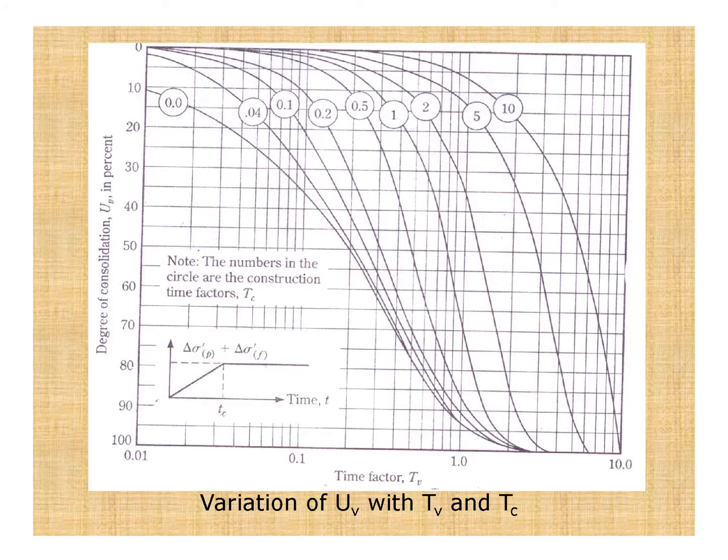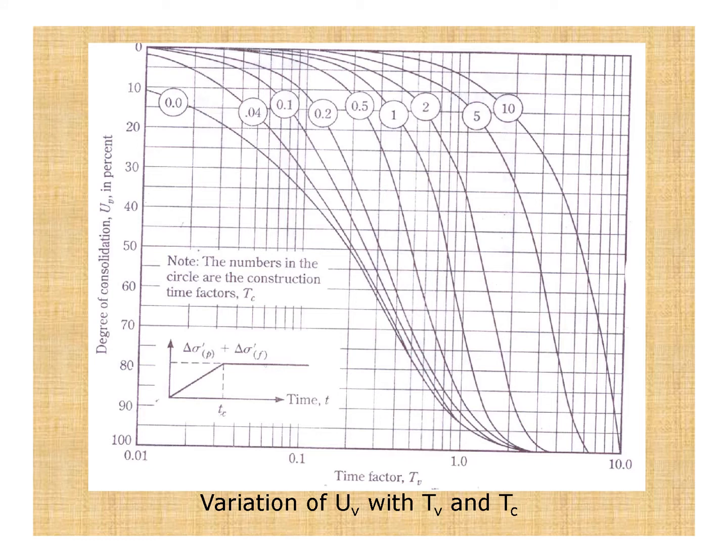Here you can see the variation of U sub V with T sub V and T sub C. If you look at these different curves in the circles, we have the time factor T sub C. For different T sub C we have these curves.